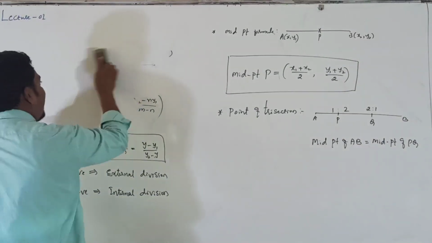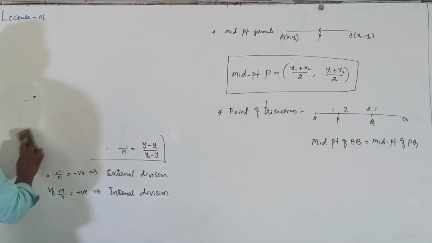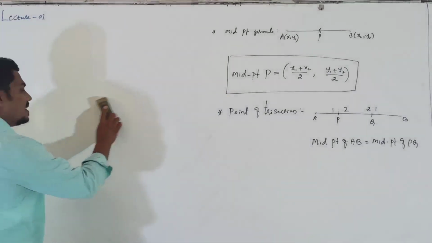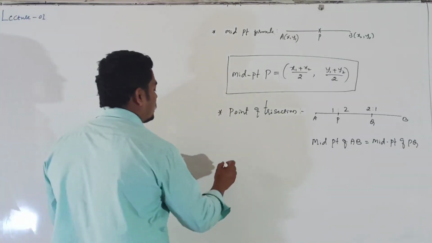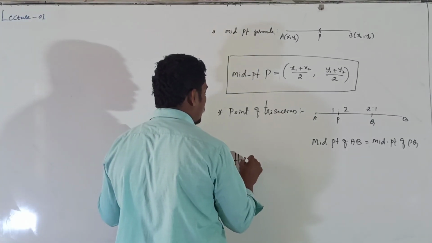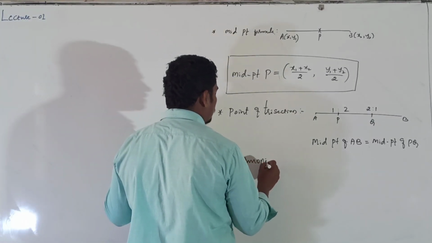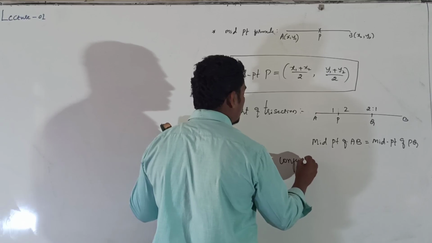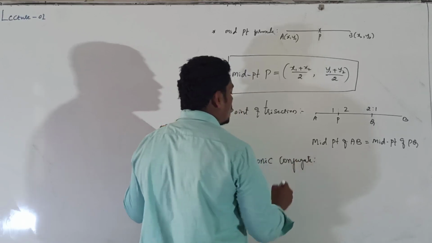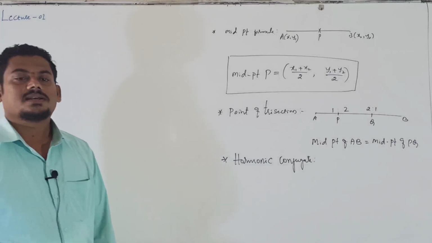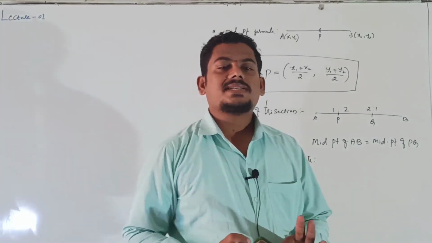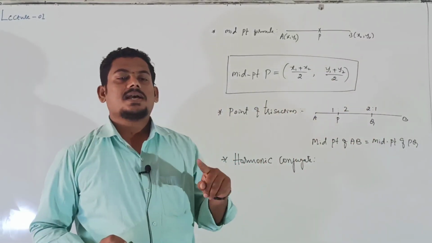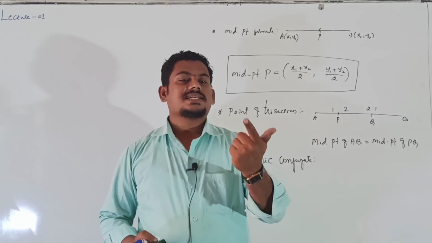Next, one more point, harmonic conjugate. What is the meaning of harmonic conjugate? If P and Q divide AB internally and externally in the same ratio.